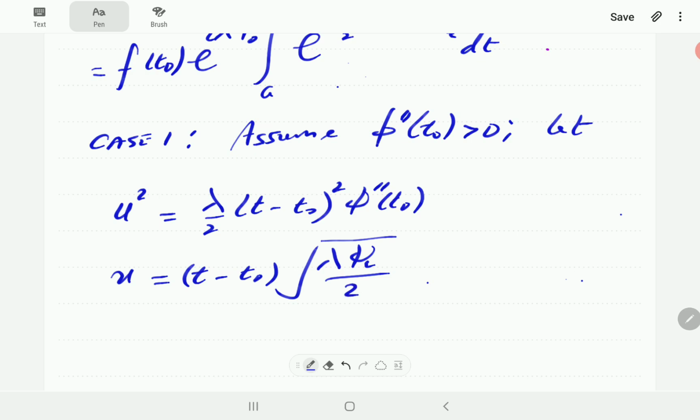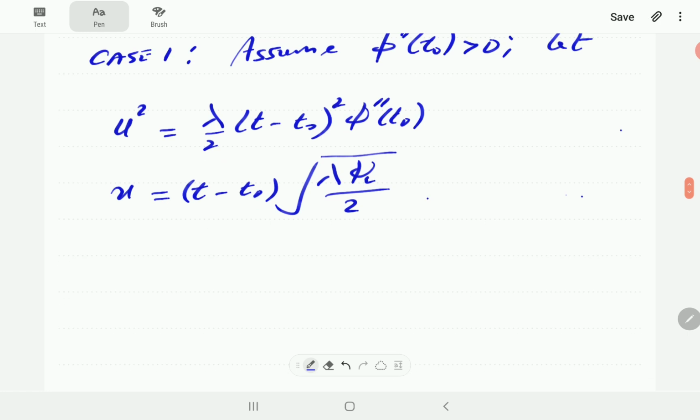This is perfectly okay, because this term is positive, this term is positive, and this term is also positive. So dt is going to be du times the square root of 2 over lambda phi 2.